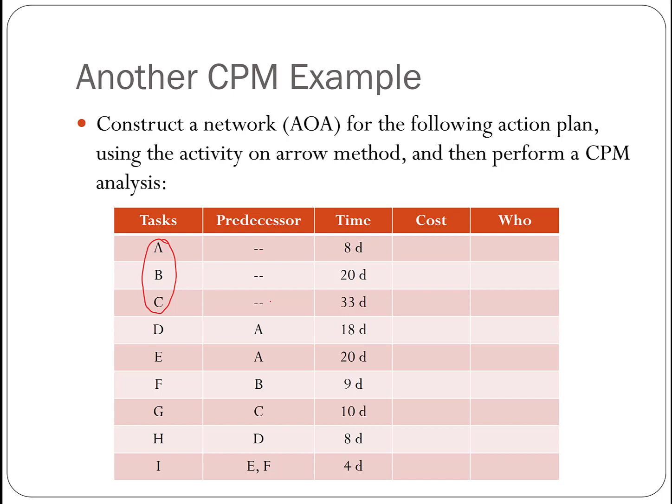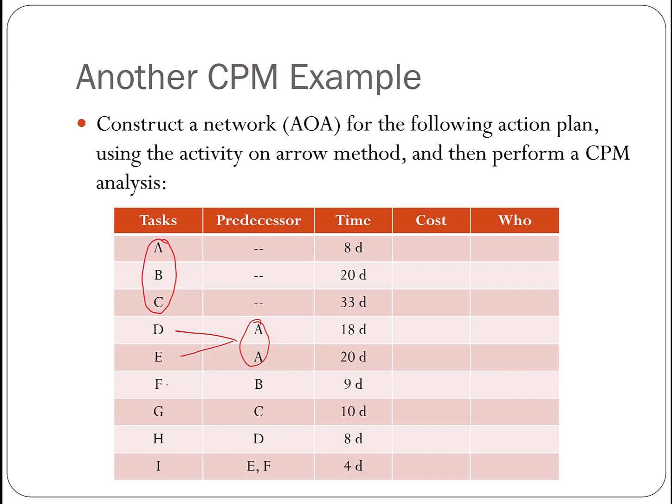So what does this mean? These three will be the three activities that come out from the starting node of your first event of this project. Then we can see A is the predecessor of both D and E. So we're going to have a node after A, and after that node, both D and E will come out as arrows.